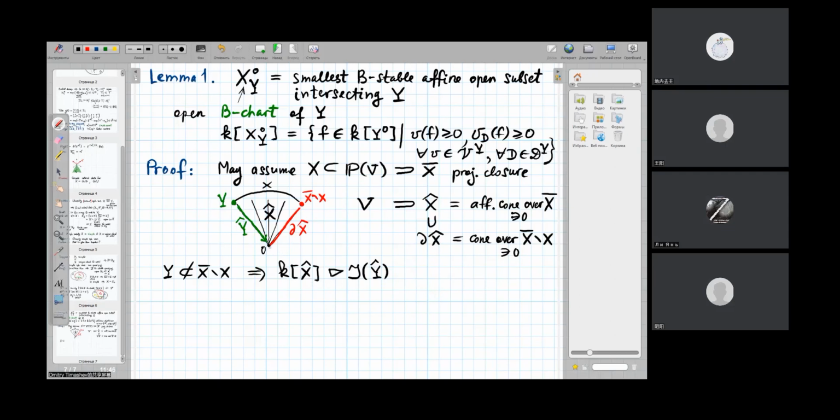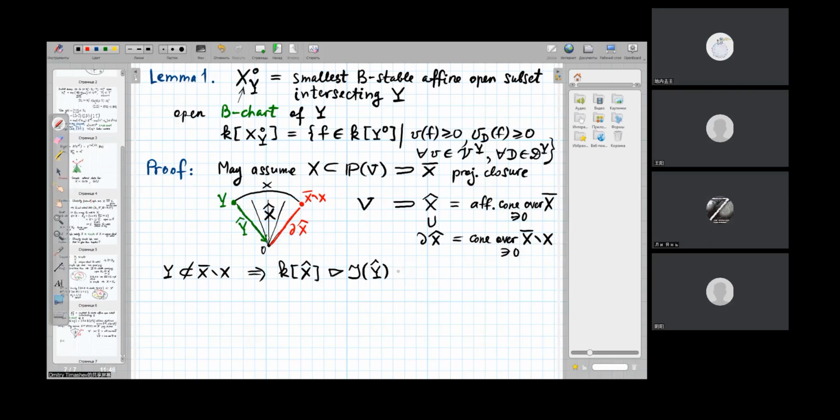As you see from the picture or from the formula, these two cones, the red one and the green one, are not contained in each other. So what is important for us is that Y hat is not contained in ∂X hat. So the green cone is not contained in the red cone.